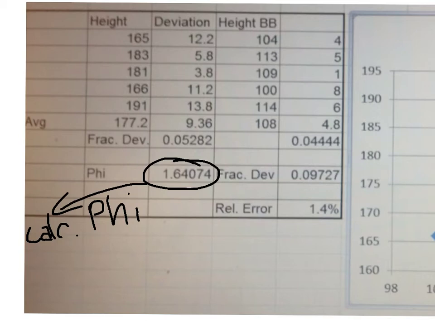And let me see if I can rewrite this a little bit, because I'm going to use this as an equation. So I'm going to call all of this together phi, brackets C, and the C stands for the calculated value. Now, we'll also have our known phi.